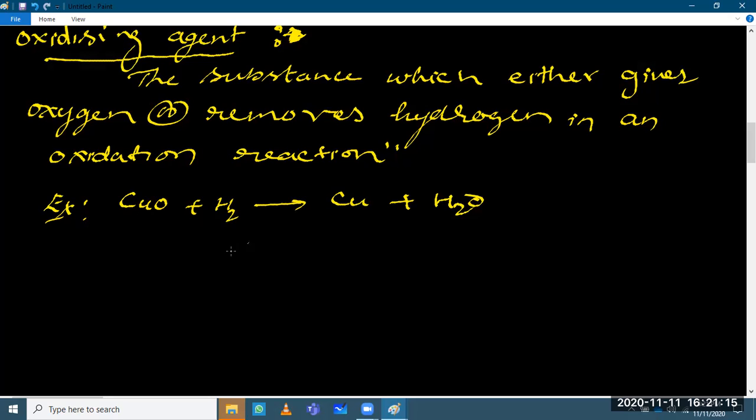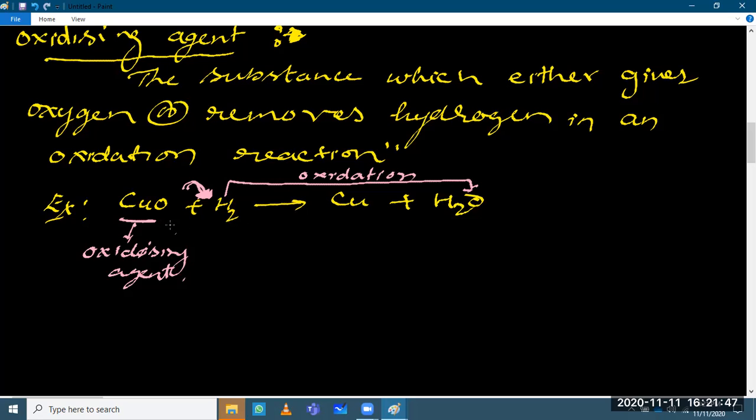Which substance is providing oxygen to hydrogen to convert that hydrogen into water? This is actually the oxidation process. That means hydrogen is undergoing oxidation, but which substance is helping to oxidize that hydrogen? That is CuO. Here CuO acts as an oxidizing agent.